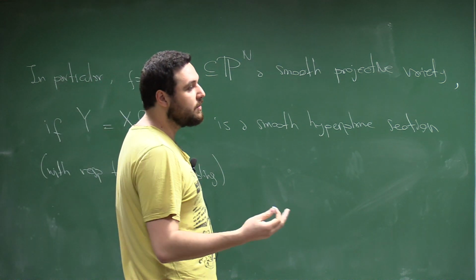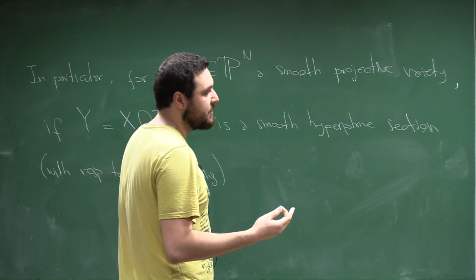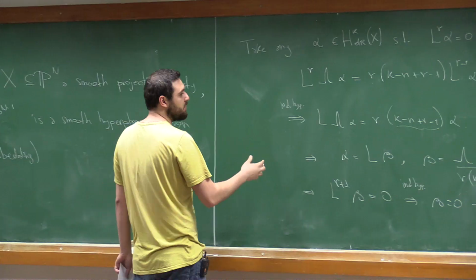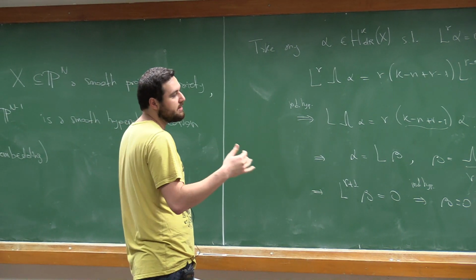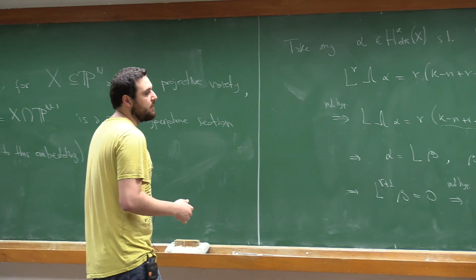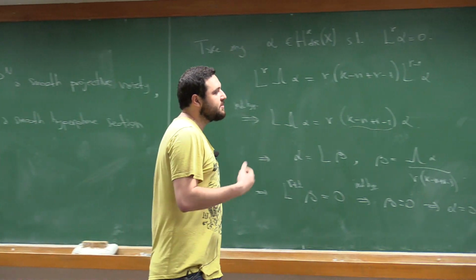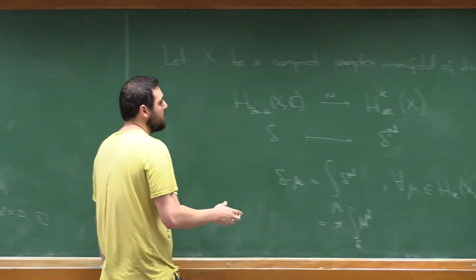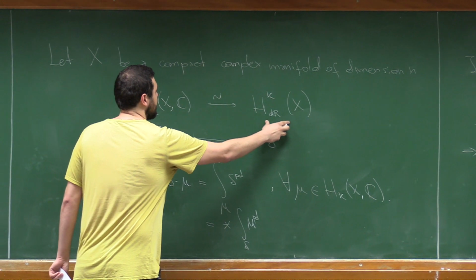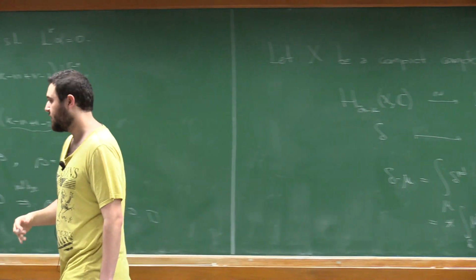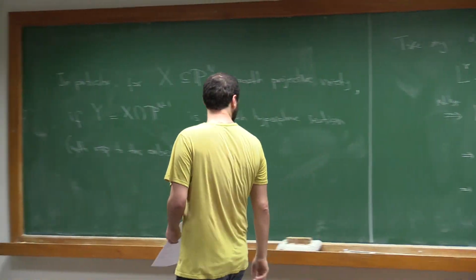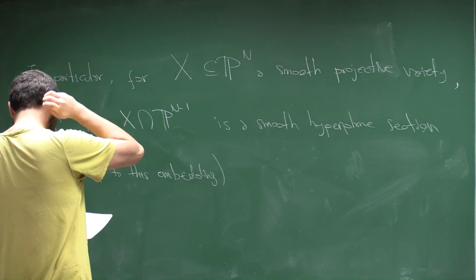So we want to compute this L. To show in some way that L is the induced map at the level of cohomology, and it comes from something at the level of homology. It will be induced by what?